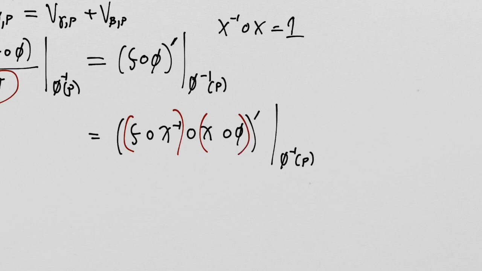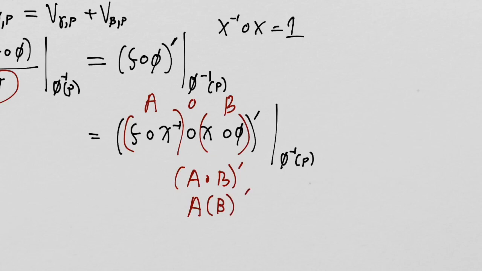If I call that function A, and that function B, this is now A after B. So we have something of the structure A after B prime, which is really A of B prime, which is going to be A prime times B prime, right? It's the chain rule. This is a sort of quick and dirty description of how the chain rule works.